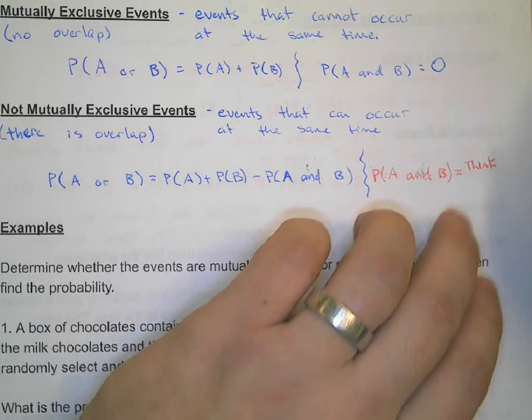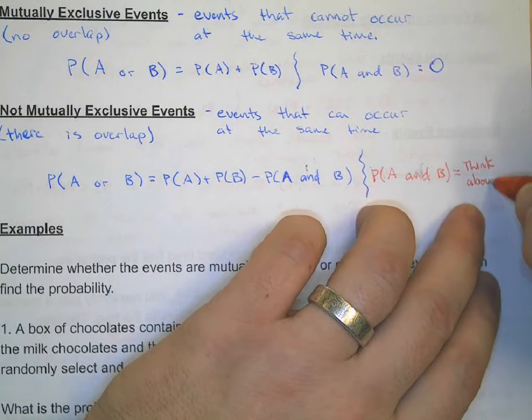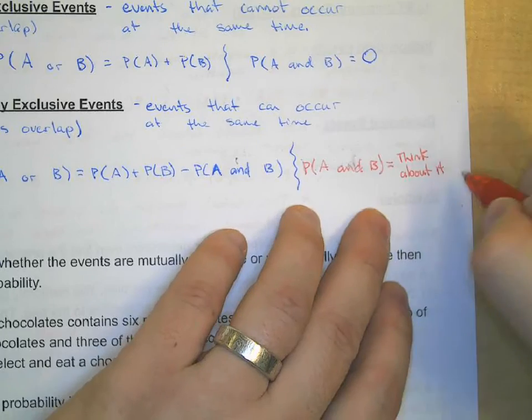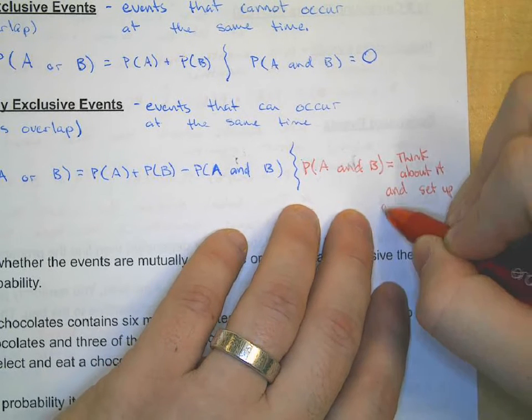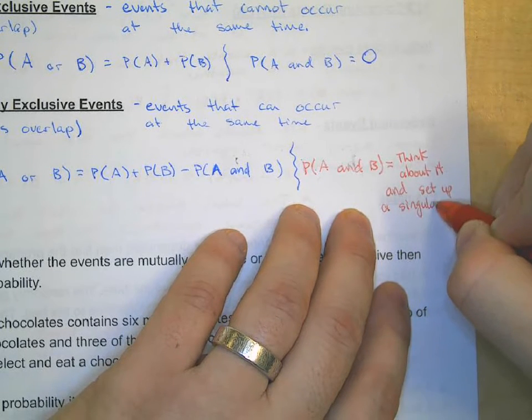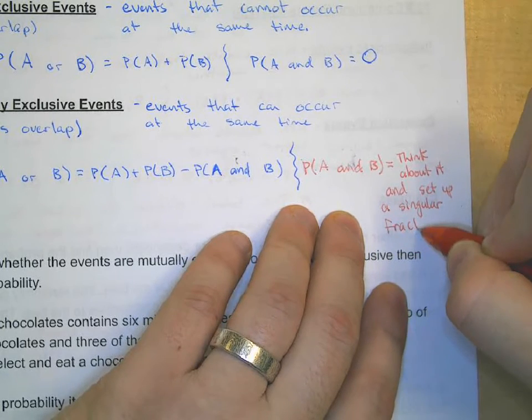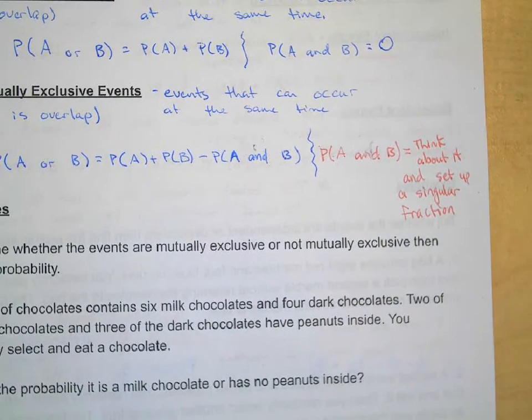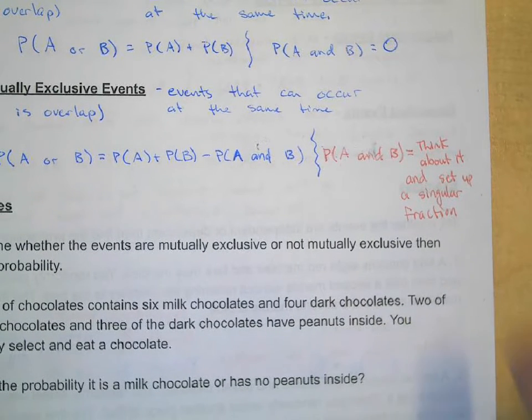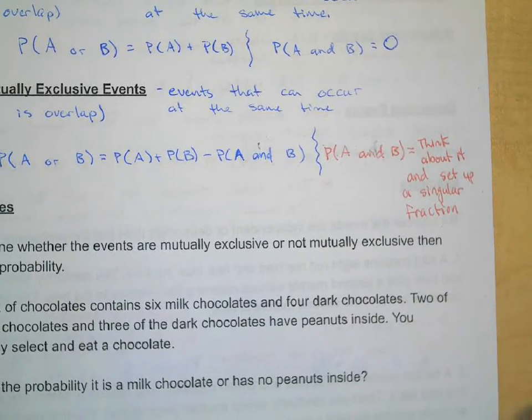There's no math we do. We just have to think about it and set it up. And these will tend to end up just being a singular fraction. I think if we look at some examples, it will make more sense of what this and statement is.